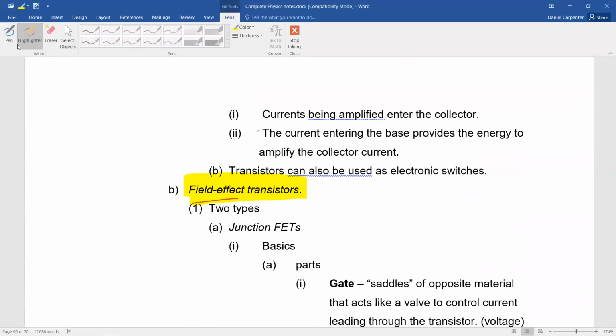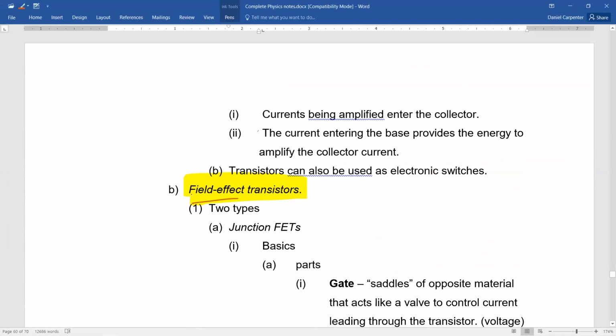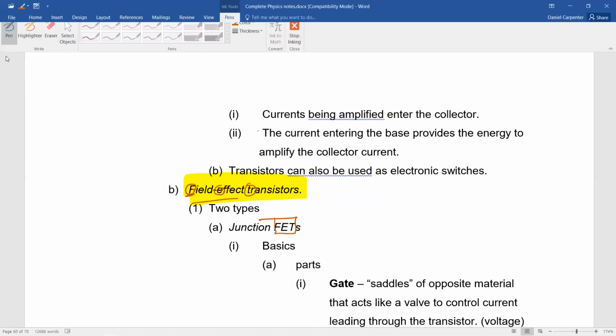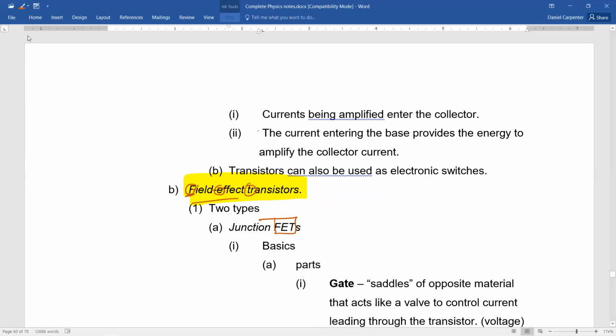So, by the way, notice this. Field effect transistor, FET. So junction FETs are junction field effect transistors. So we've got the 4 terms: the bipolar transistor, the field effect transistor, the junction FETs, which are a kind of field effect transistor.